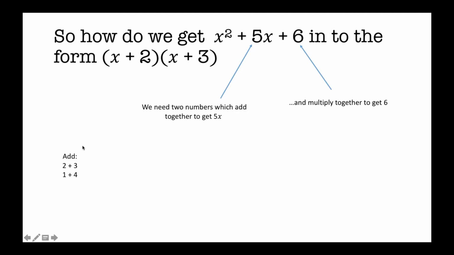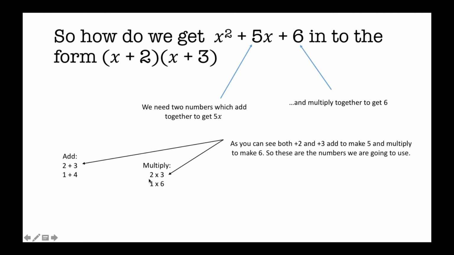The numbers that add together to get 5 are 2 plus 3 and 1 plus 4. The numbers that multiply together to get 6 are 2 times 3 and 1 times 6. We've got 2 and 3 in both columns, so that is what goes in your brackets, in the order you've written it, and they're both positive numbers. So x plus 2 and x plus 3.